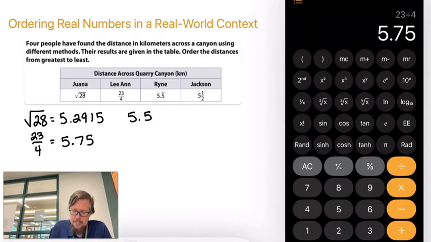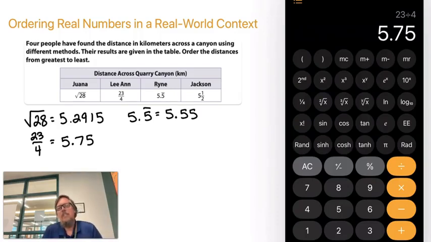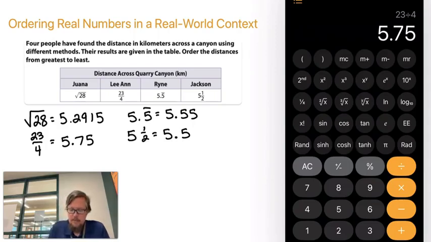Let me make that look like the rest of them, just to make sure we've got some consistency here. 5.55. And then last one, of course, 5.5. 1/2 is just 0.5, so 5.5 would be 5.5. Or if I want to make sure it's got 2 places after the decimal like the previous numbers, we could do 5.50.